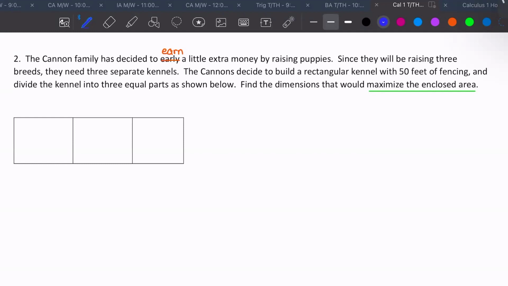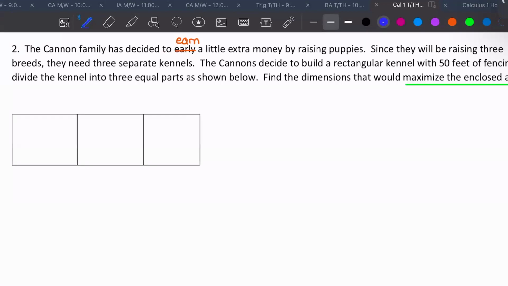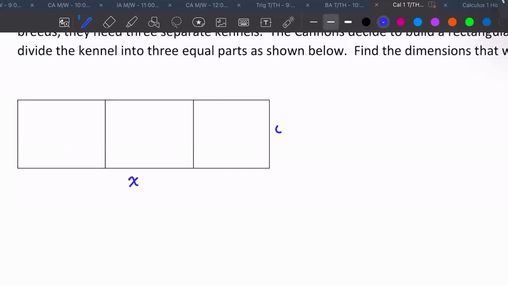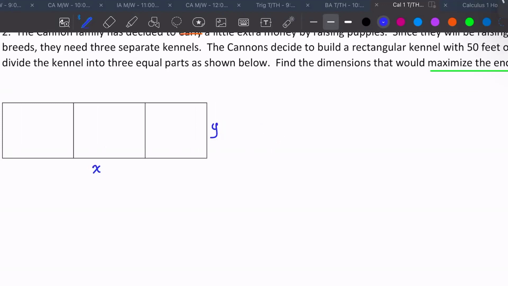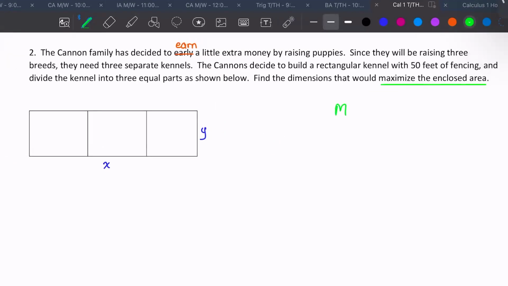So I drew the picture for you, right? And then if we're labeling stuff, we could label X and Y, right? And we're looking for the max area, so that's pretty obvious once again. So that's X times Y. So we have drawn our picture, given it some variables, said what we were trying to find, and we've written an equation for that, right? Now we need to write our equation with one variable using our facts, okay?